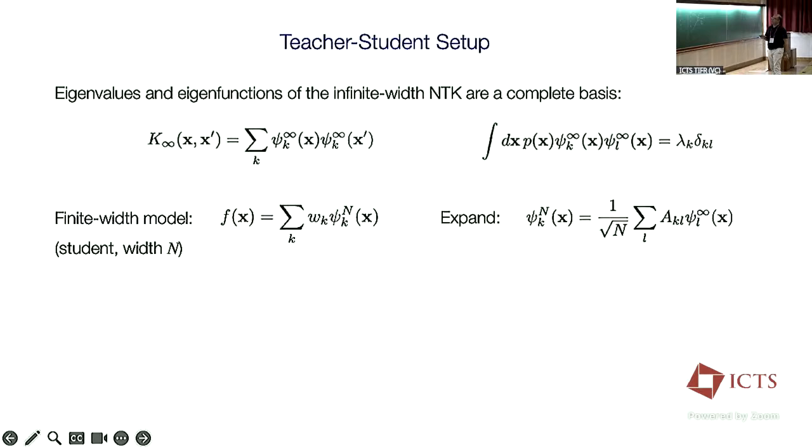Because these guys are infinite, complete bases, I can expand these finite width eigenfunctions in terms of the infinite eigenfunctions. Let A_kl be those coefficients. So what do I know about this A_kl? Not much.